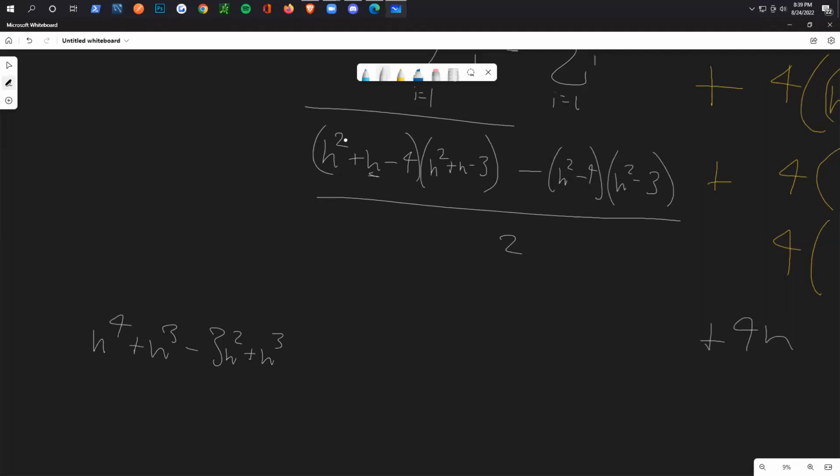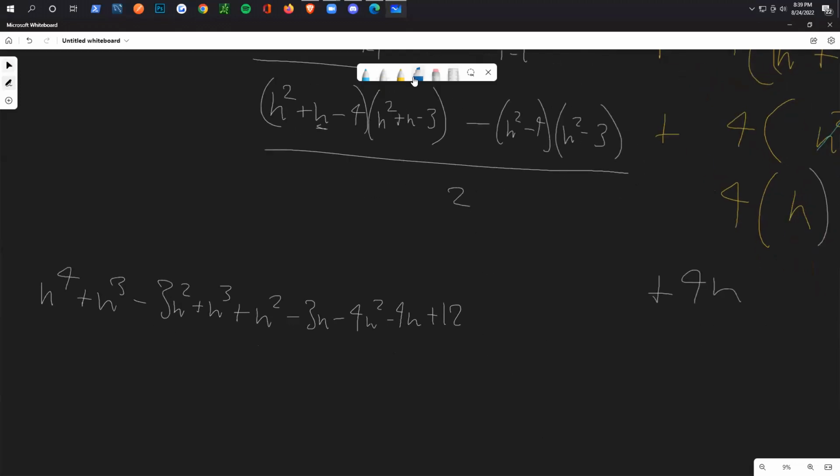Okay, so let's just make sure n squared. Yeah. Okay, so we're all good so far. Then now we're going to have plus n squared minus 3n minus 4n squared minus 4n plus 12. Okay, so that's 1.